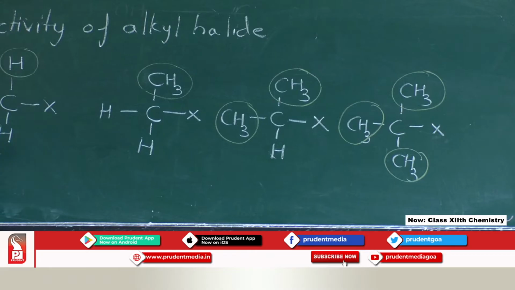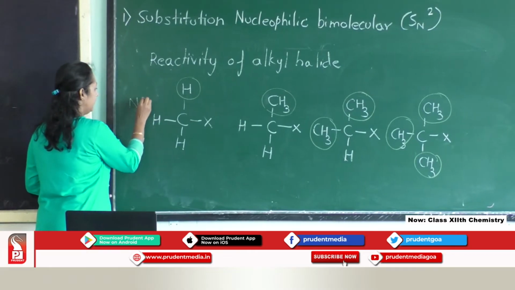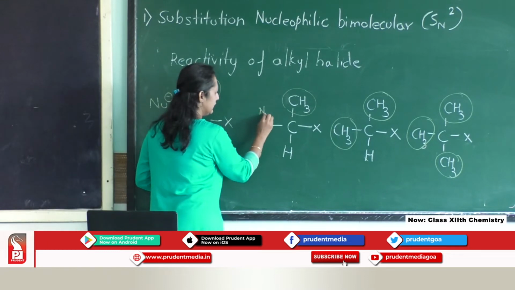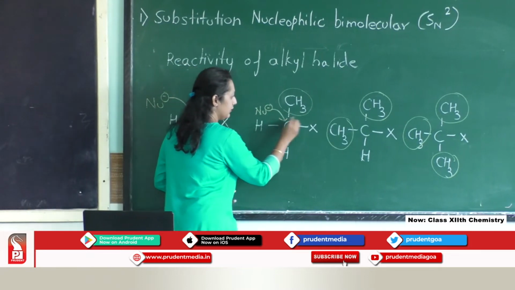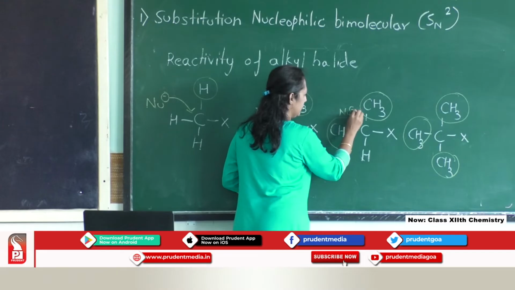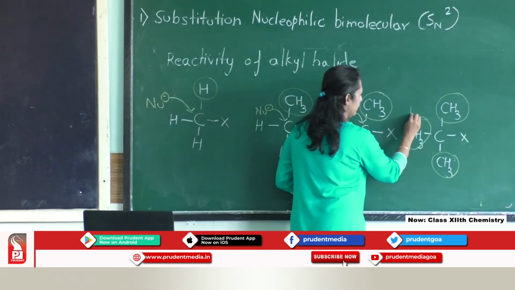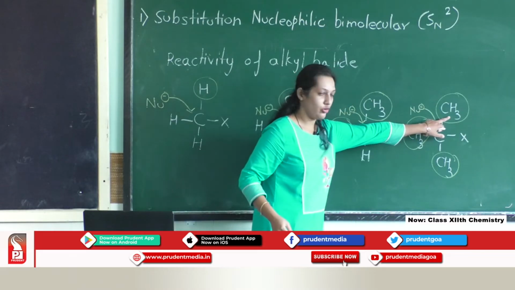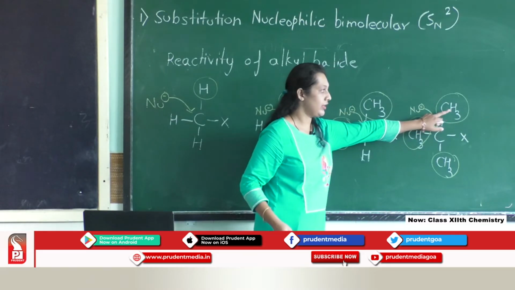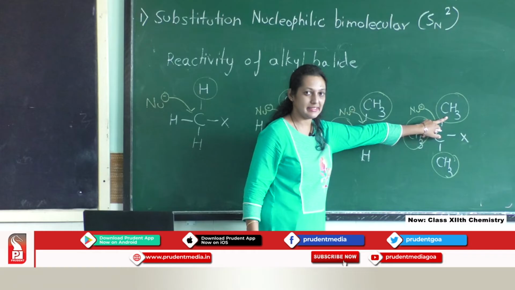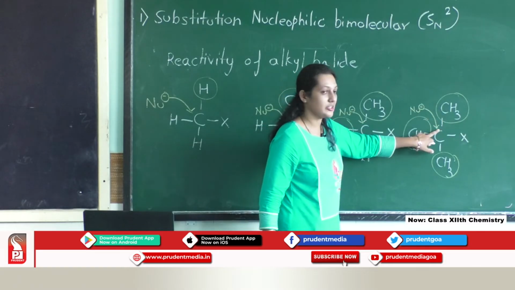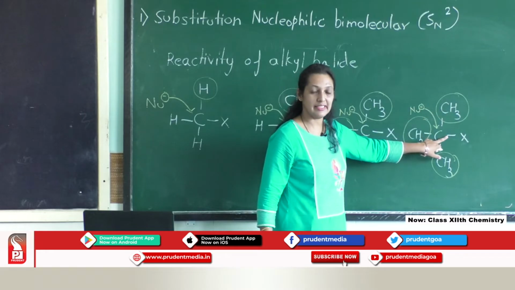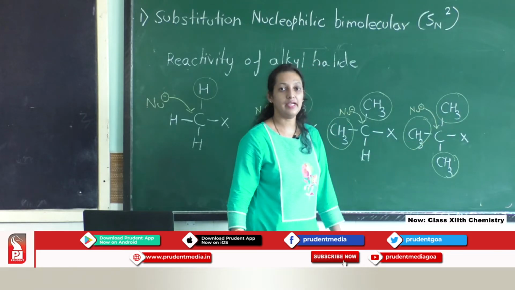So, when the nucleophile attacks on this, the more the number of alkyl groups or heavy groups or bulky groups present, the nucleophile attack becomes difficult. So, the steric hindrance increases and reactivity decreases.